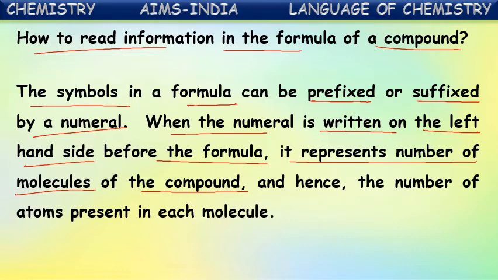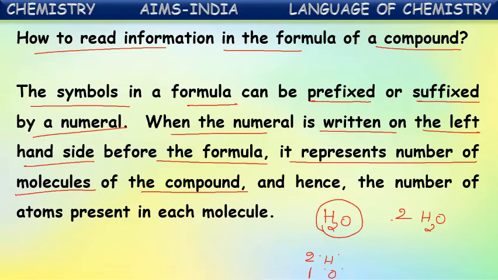I'll give you one example here. See, H2O molecule I say. It represents two hydrogen atoms, one oxygen atom. This is giving the information about the number of atoms, isn't it? Now I'll write 2H2O.